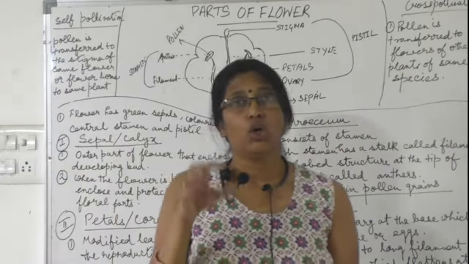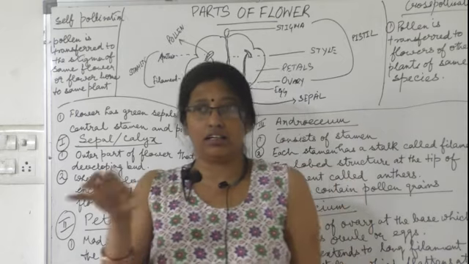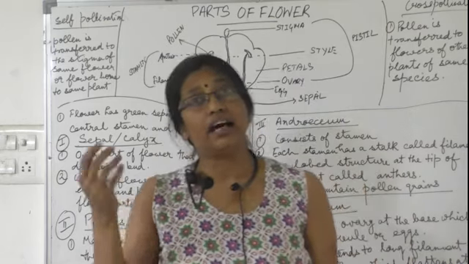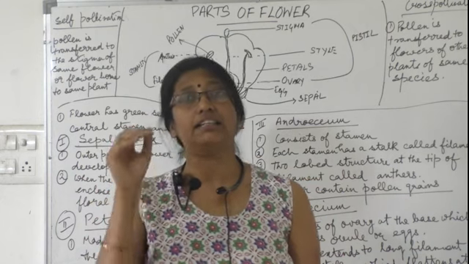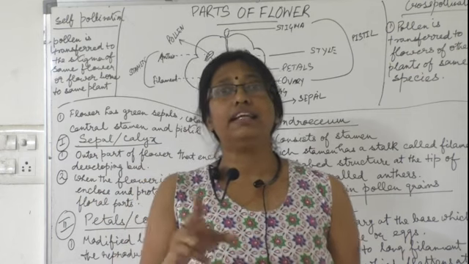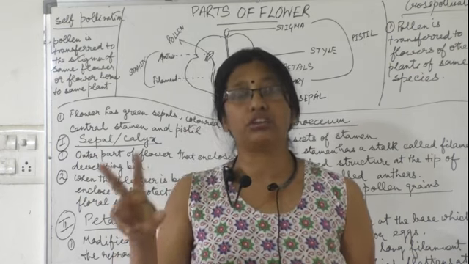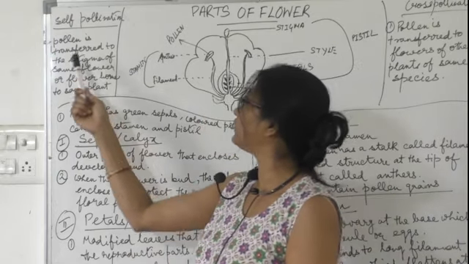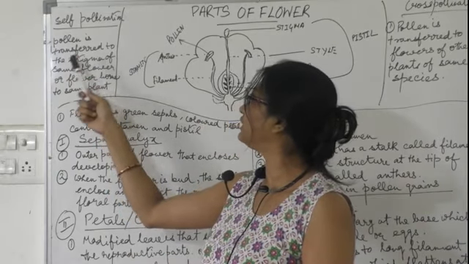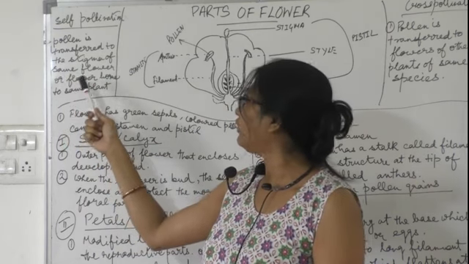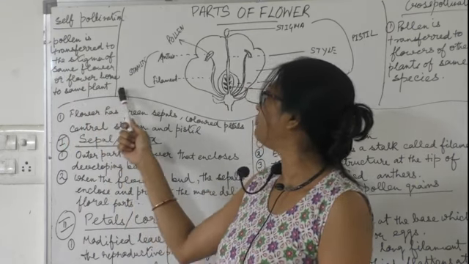Self means which is done in self condition, that means in the flower itself. Cross means it occurs between two flowers. So let's find out. First, self-pollination. Pollen is transferred to the stigma of the same flower or a flower borne on the same plant.